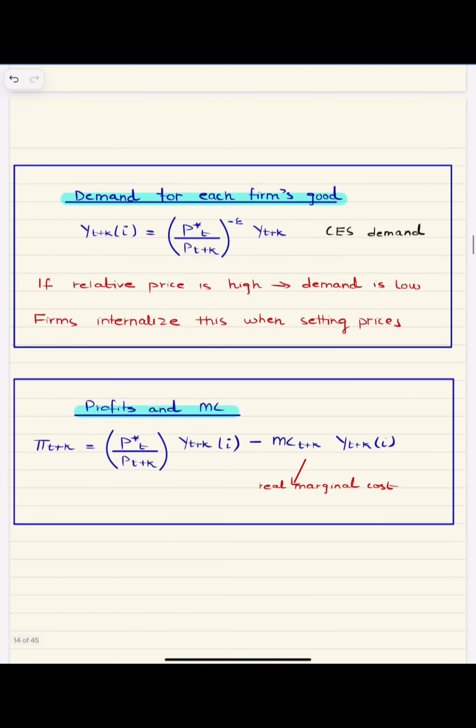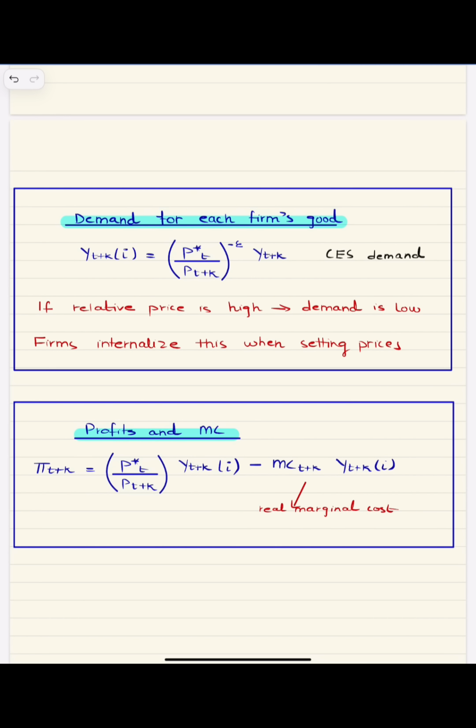Okay, another thing that they're going to give you is the demand for each firm's good. So this is the ith firm's demand, which depends on the price ratio, and it is constant elasticity of substitution. If the relative price is high, demand is going to be low, which makes sense.